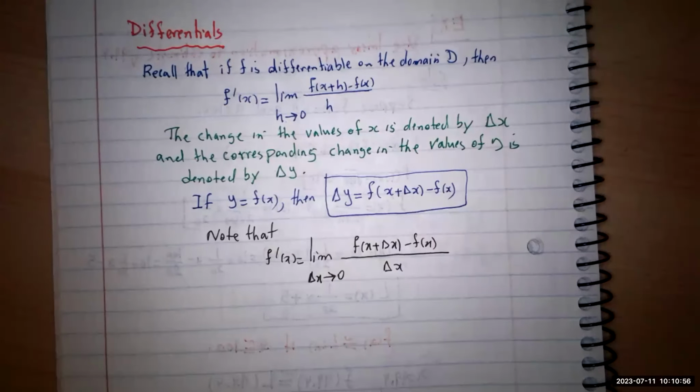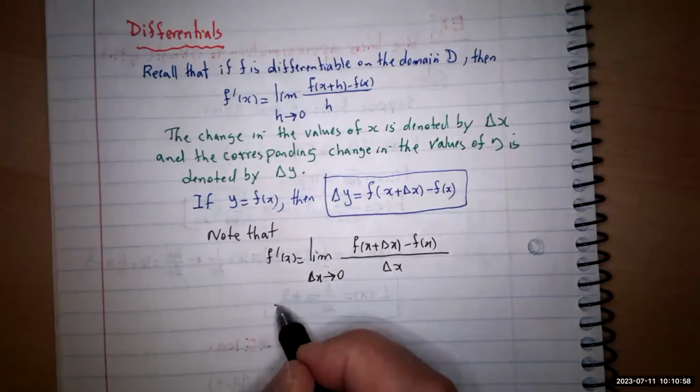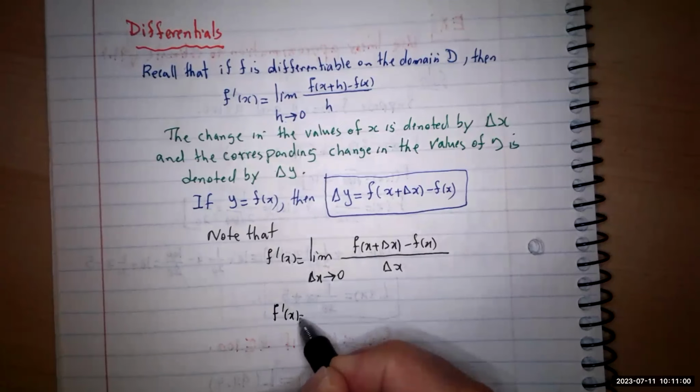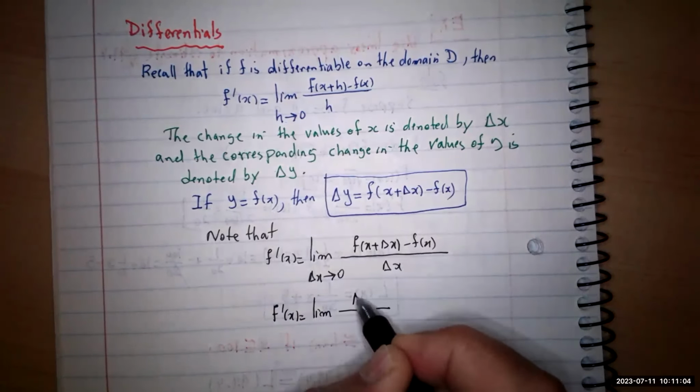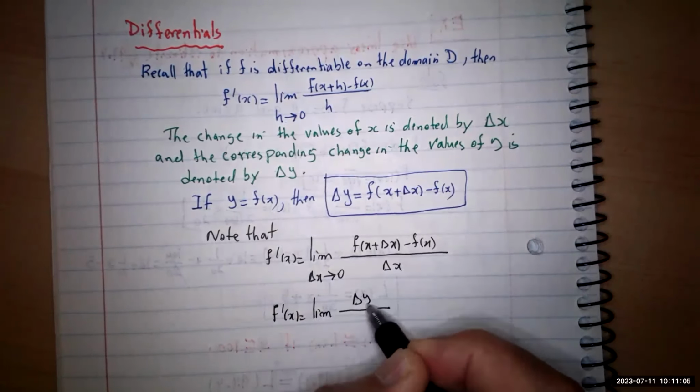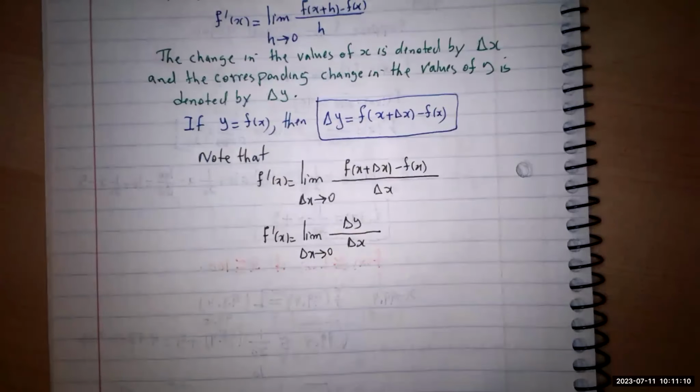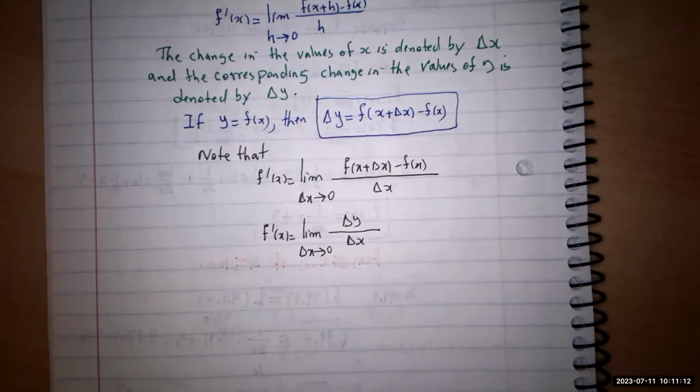That would be the difference. So the top is delta y, the bottom delta x, as delta x goes to 0. It's like the slope of a secant line that we did before. I just want to give you a notion of a differential.